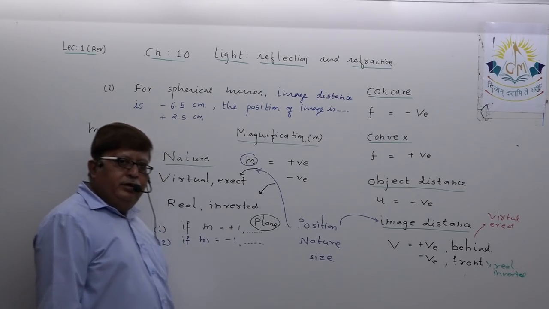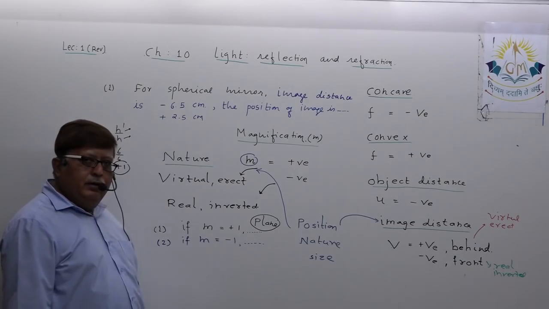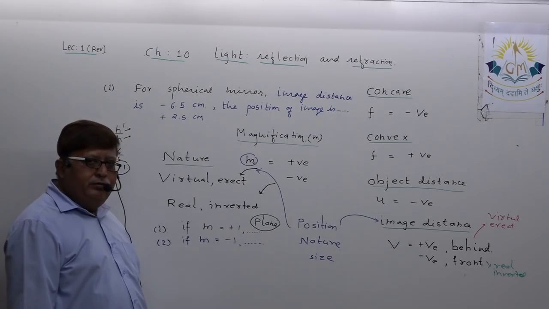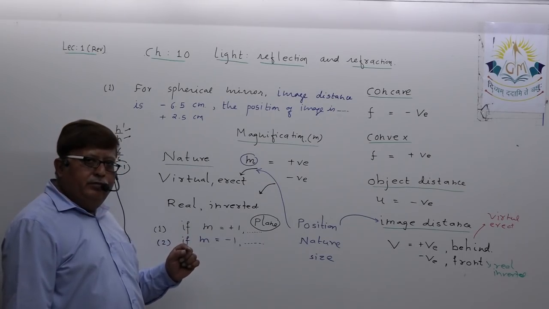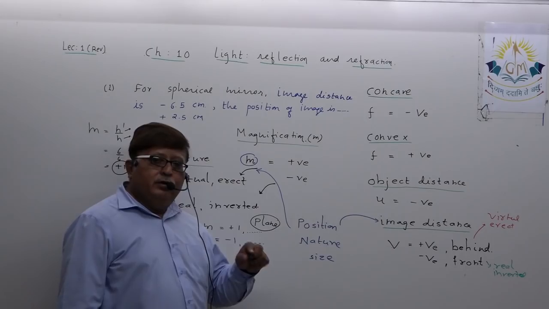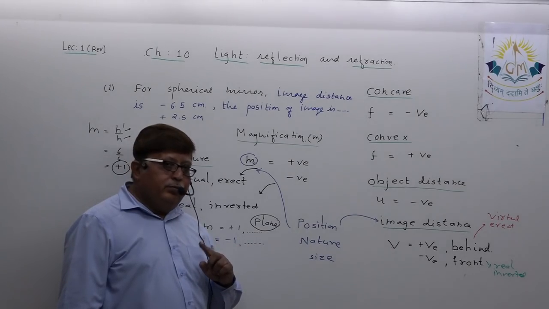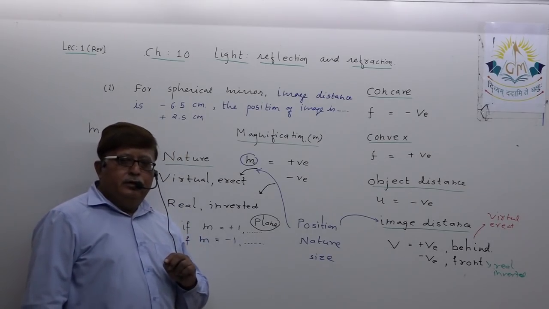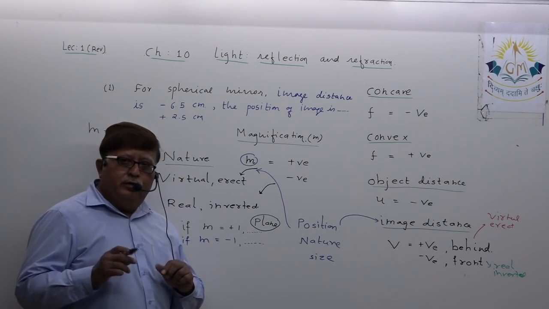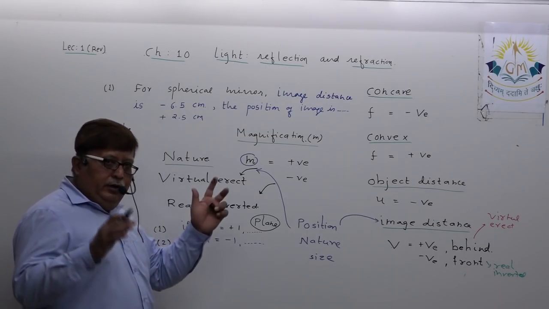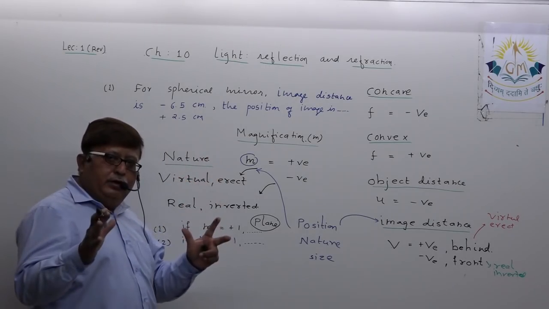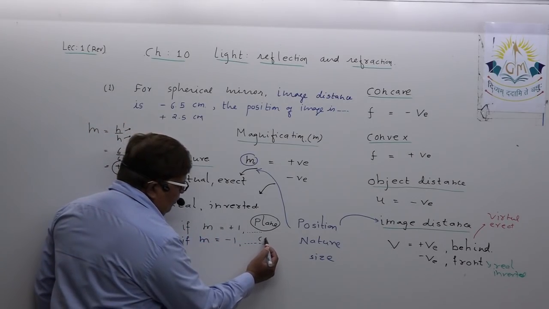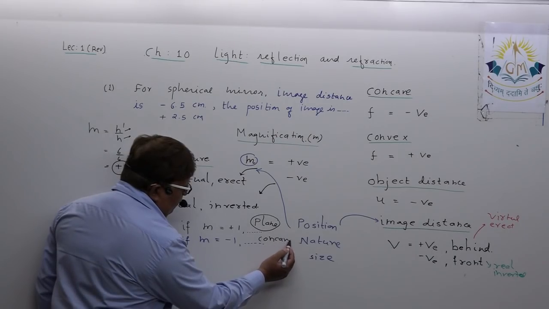So for plane mirror only. m equal to negative 1 means image is real, inverted, and of same size. Which mirror can produce real, inverted image of the same size as the object? If you can gather all image diagrams in your mind, this is possible only by concave mirror.